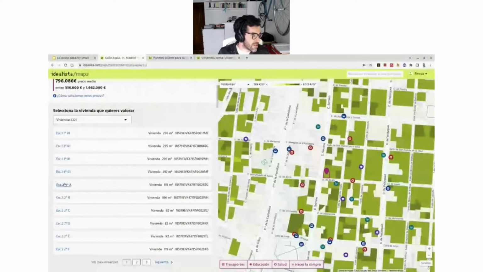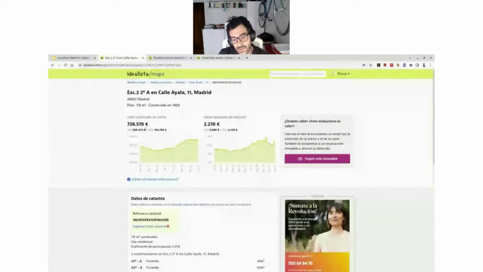For instance, this one, the second A, and we have this real-time model, which uses a machine learning model to provide an automatic value for this house. In particular, the sale price for this one is 700,000, and for renting it is a bit more than 2,000 euros.